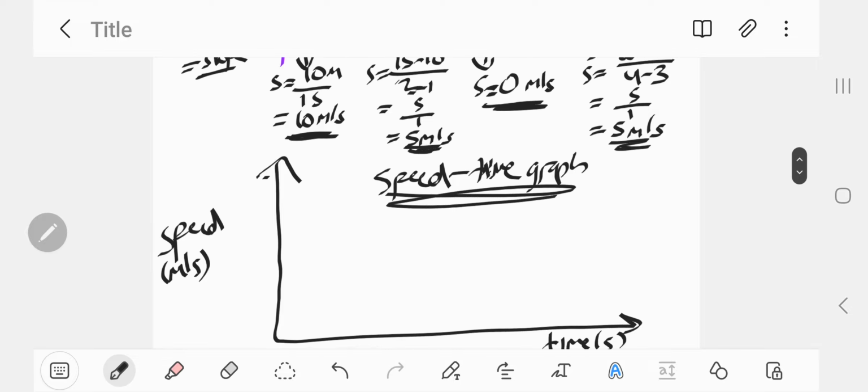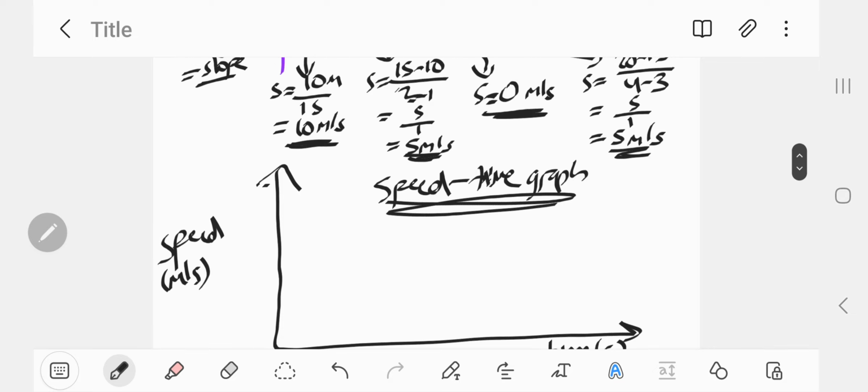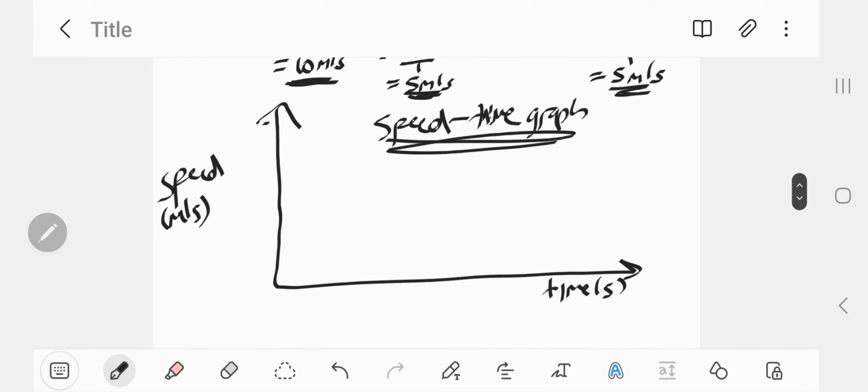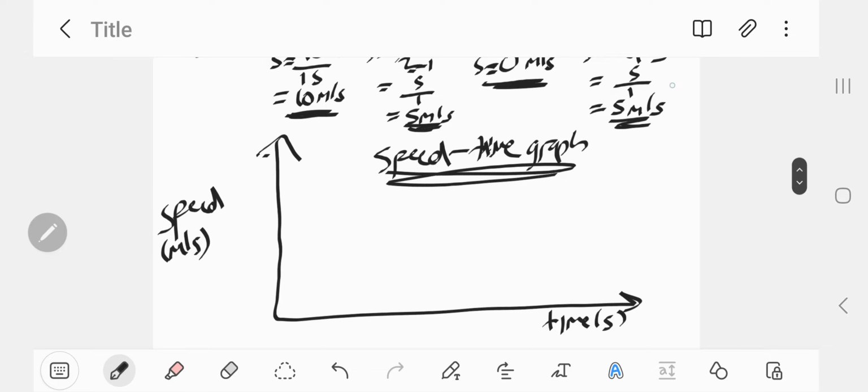Okay, now we've got these numbers. What do we do? Well, time, let's start with 0. Let's go 1, 2, 3, 4, 5. Speed, let's go up by 5. 5, 10, 15.